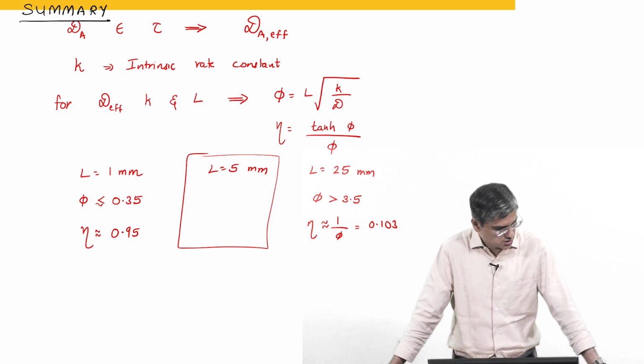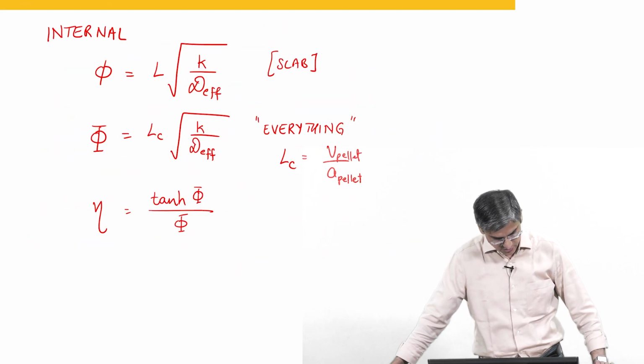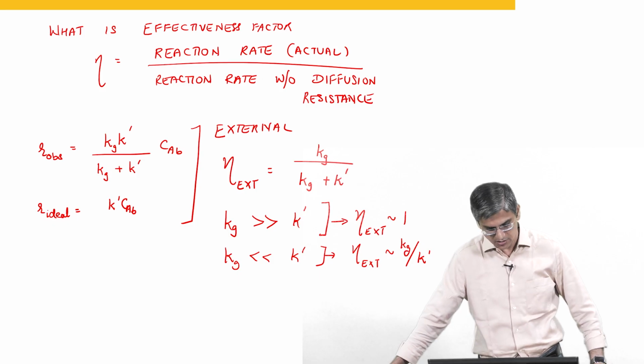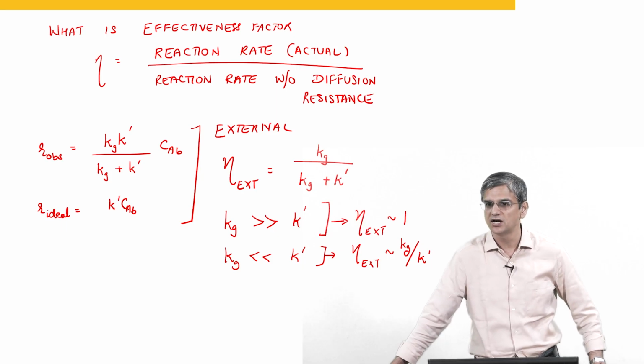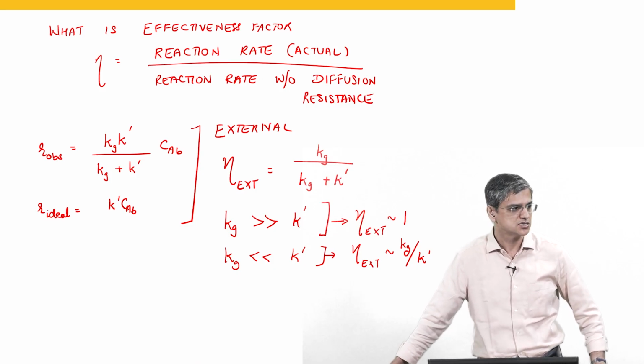Your effectiveness factor, remember, was R observed divided by R ideal. Therefore, your R observed is nothing but eta multiplied by R ideal. All of this and the derivation, we will talk about in tomorrow's class, the next class.